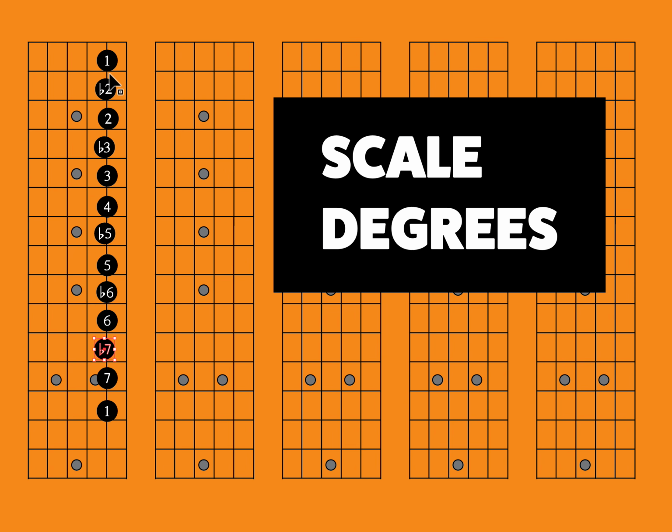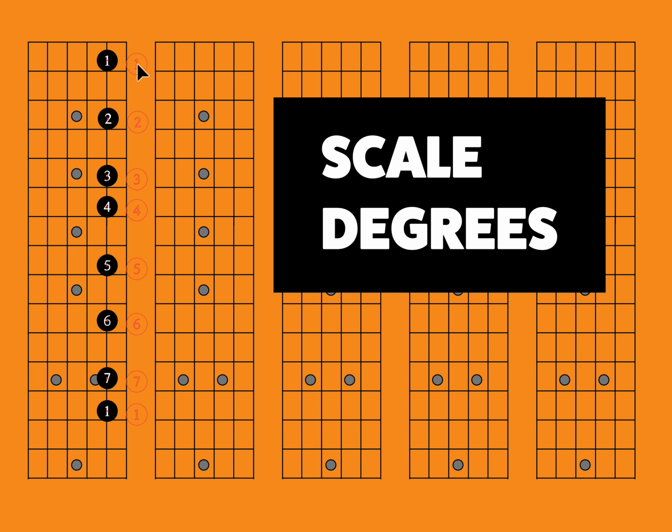So the full chromatic scale would be 1, flatted 2, 2, flatted 3, 3, 4, flatted 5, 5, flatted 6, 6, flatted 7, 7, and 1. But the formula for the major scale is just 1, 2, 3, 4, 5, 6, 7, and 1.